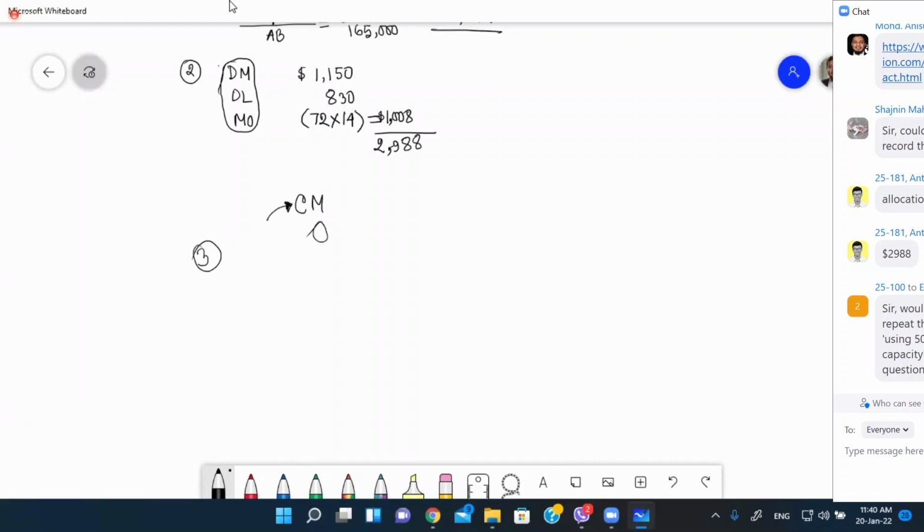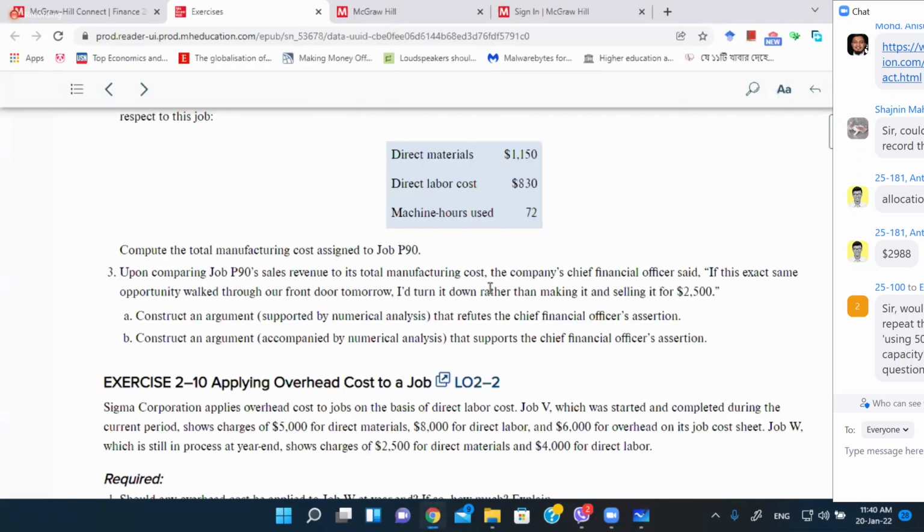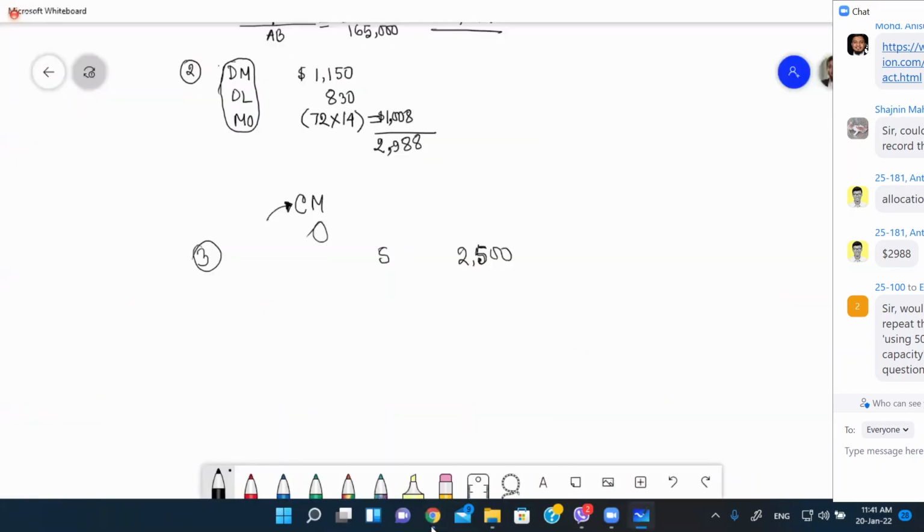What is our sales revenue for this particular job? To get the contribution margin, we have to prepare an income statement. We have a sales revenue of $2,500. I believe we have not forgotten where this number is coming from. So sales is $2,500 for this particular job. Okay.